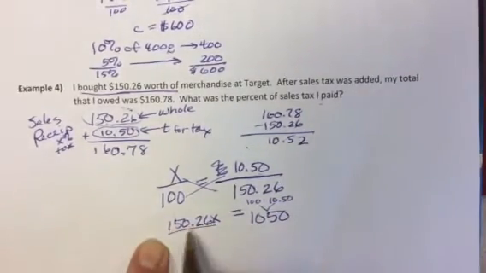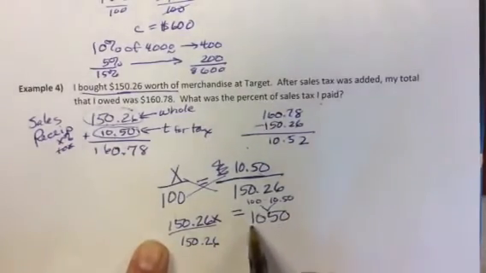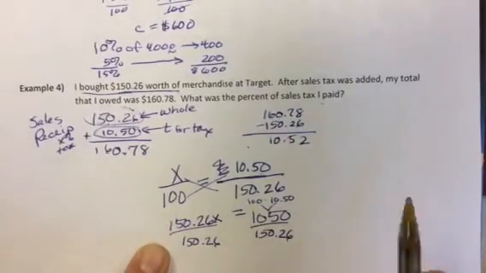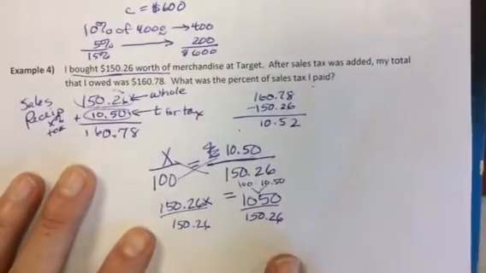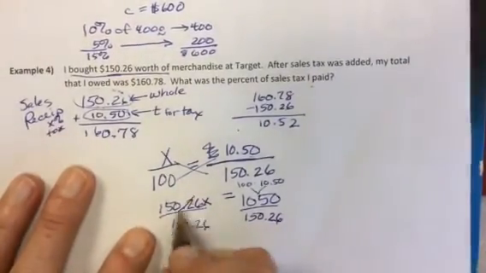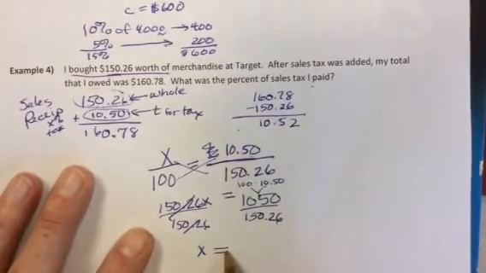So now we're going to divide both sides by 150.26.